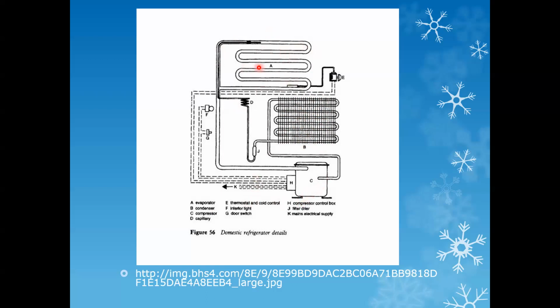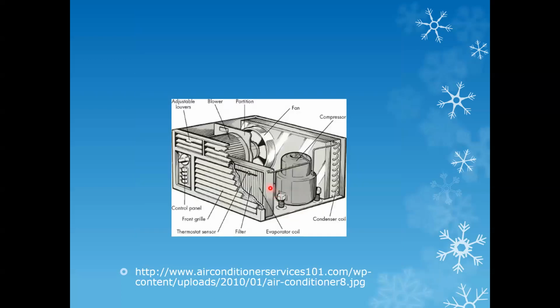Okay, so we have the evaporator, where the heat is absorbed at the low temperature, and then D is a capillary, and other parts. I can't find the expander or the turbine here, but anyway, we have the compressor, the condenser, and the evaporator. And this is what an air conditioner looks like inside. Not sure if you have tinkered with your aircon before.